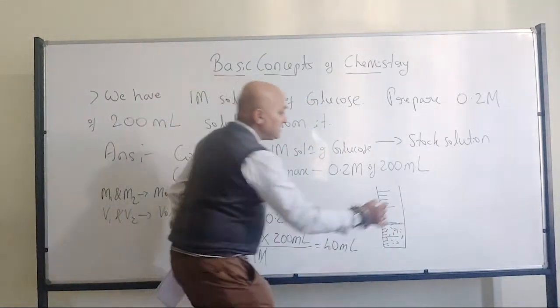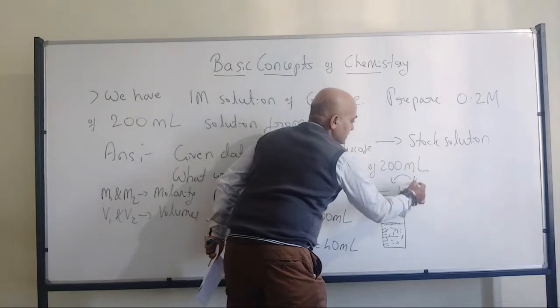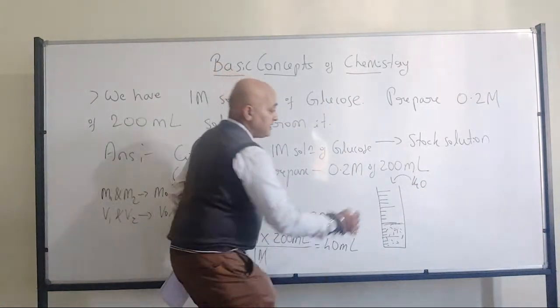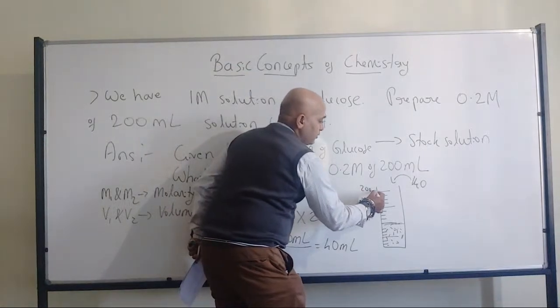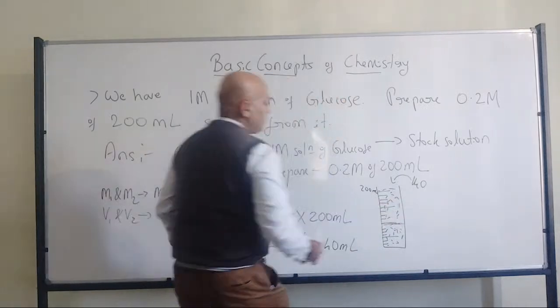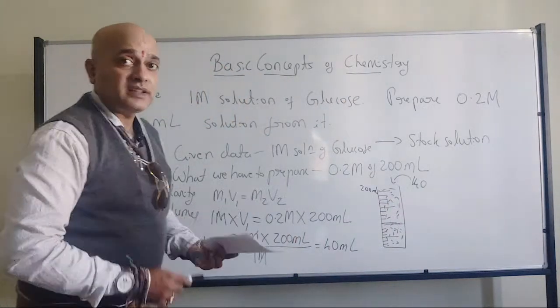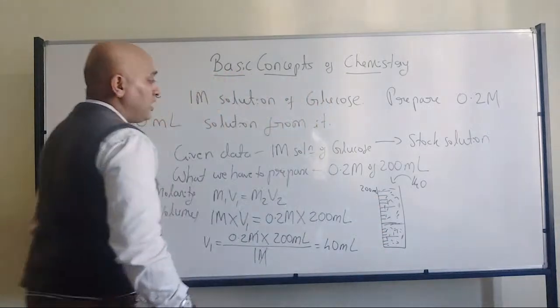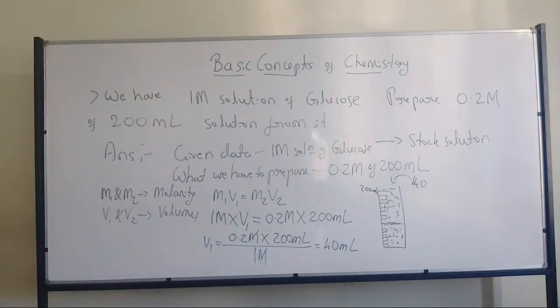Now I will add water to this. How much should I add? It should come up to 200 ml. So the final volume will be 200 ml, which is nothing but 0.2 molar glucose solution. All of you have understood?